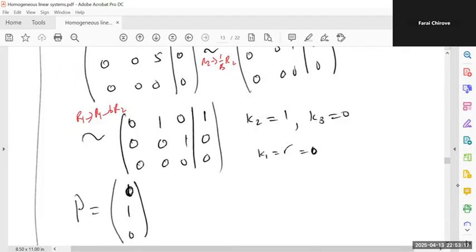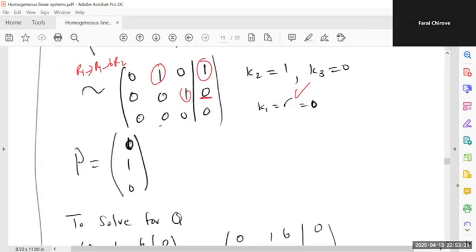So here you find that P2 is equal to 1, and then P3 will be equal to 0. Then P1 is arbitrary. So once you do it like that, you can choose even R to be equal to 0 if you want.